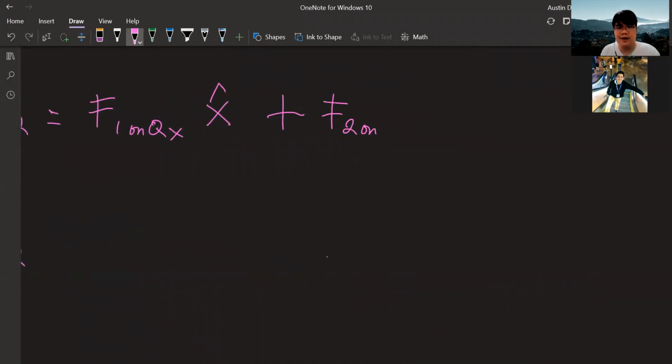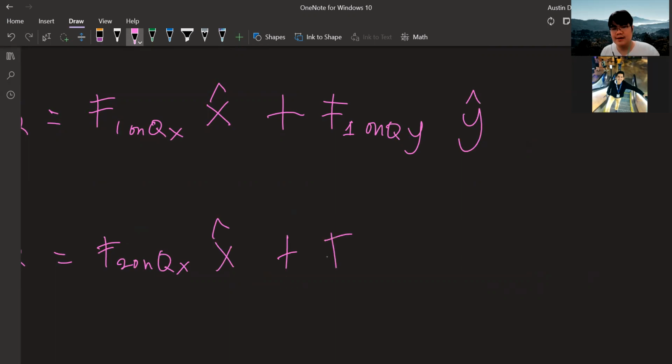F1 on Q y times y hat, and similarly, the other guy would have the same form. x hat plus F2 on Q y hat. Okay?